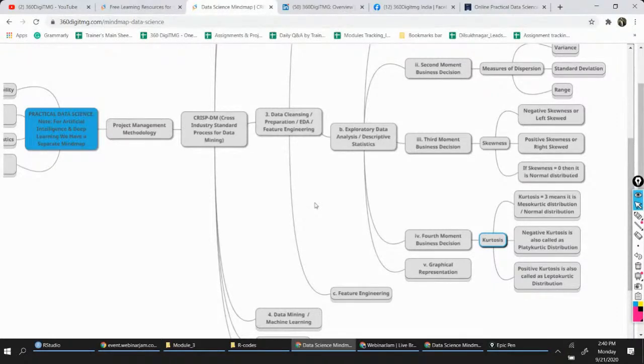probability to start with. What is probability, friends? What does probability actually mean?